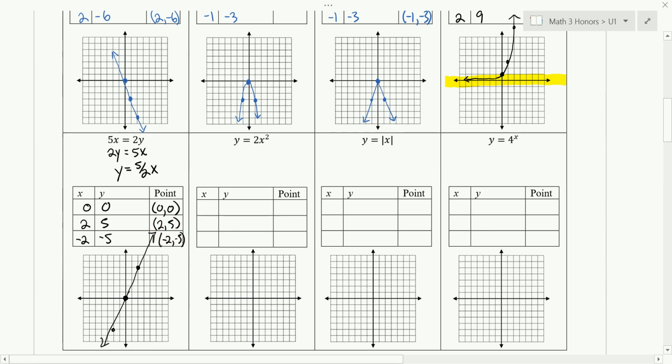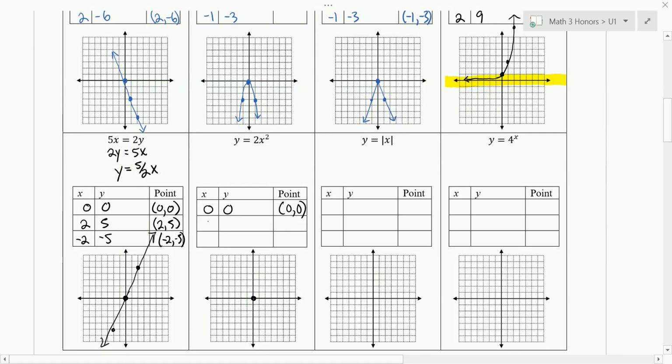2x squared. It's a parabola. All parabola parent graphs go through what number? Where's a good starting point? 0, 0. Is this one going to open up or down? Up, because it's got a positive 2 in front.